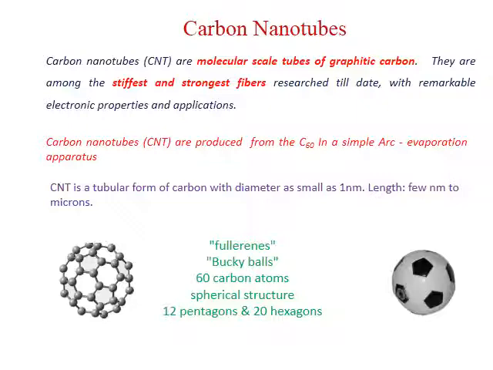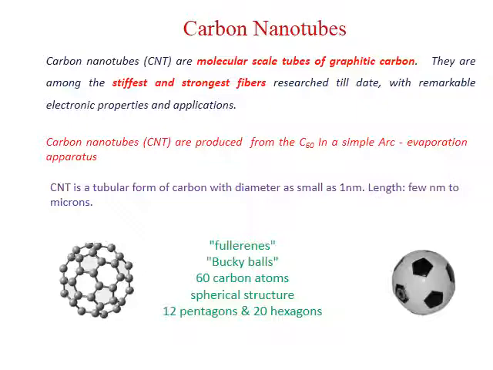So now let us focus our consideration on a particular type of nanomaterial called nanotubes, carbon nanotubes. Carbon nanotubes are molecular scale tubes of graphitic carbon. They are among the stiffest and strongest fibers researched to date, with remarkable electronic properties and applications.